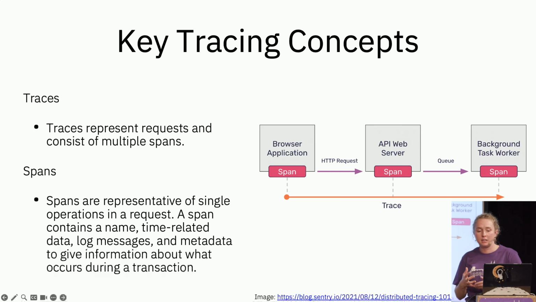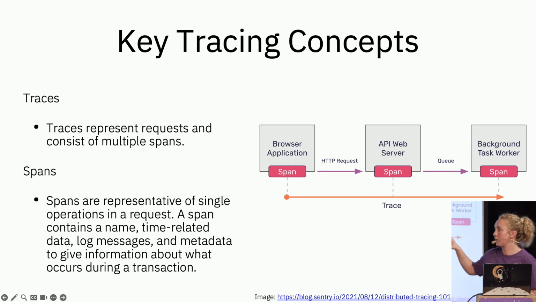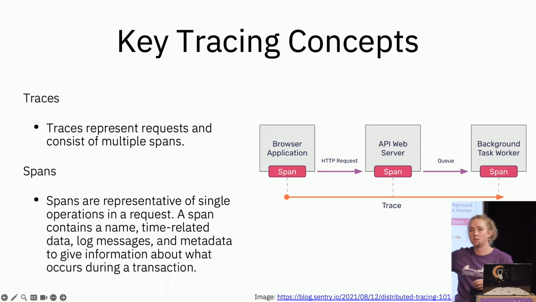A span is a representation of a single operation in a request. It normally contains basic information like a name, timestamped information, might have some log messages in there, and some metadata to really give us some information about what's occurring during that particular transaction. So it's by combining multiple of these spans that we can then get our final trace to understand what's going on.